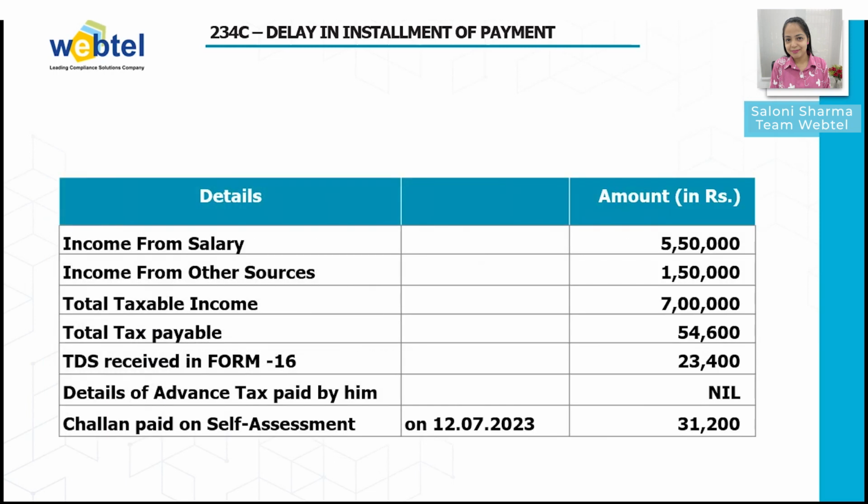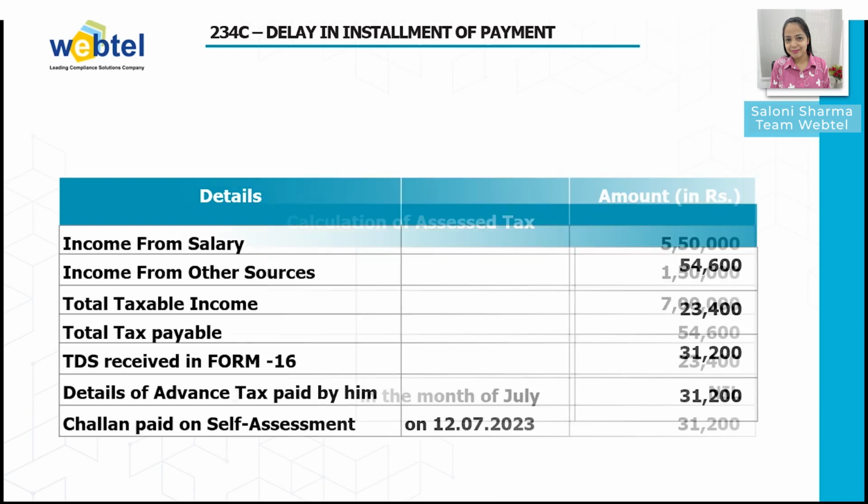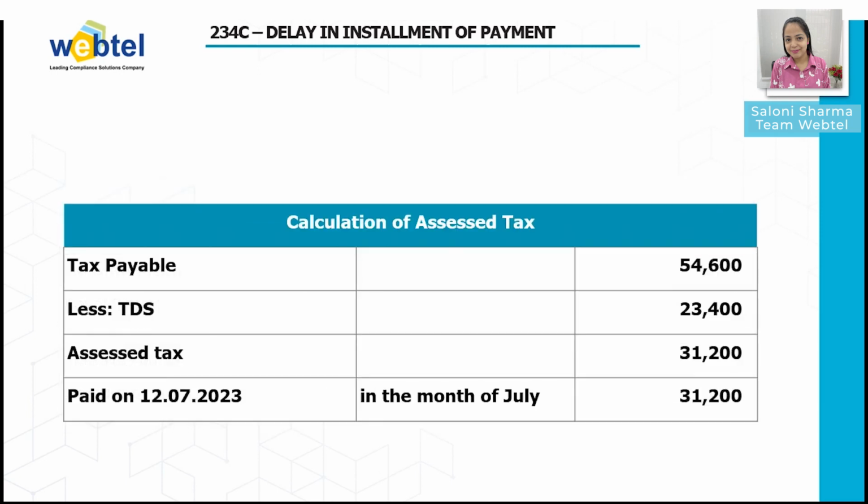For example, we are considering the same example for the calculation of 234C as well. So in the example stated above, we need to pay a self-assessment tax of rupees 31,200, but the total tax payable is rupees 54,600. So as per the section 234C, we need to pay the installment amount of rupees 31,200.